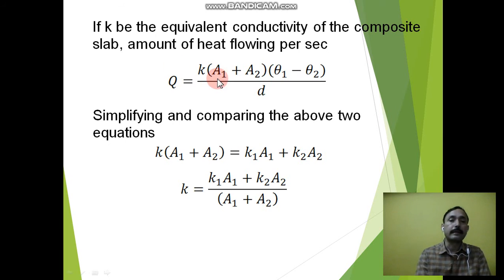So Q becomes K (A1 plus A2)(theta 1 minus theta 2) by d.